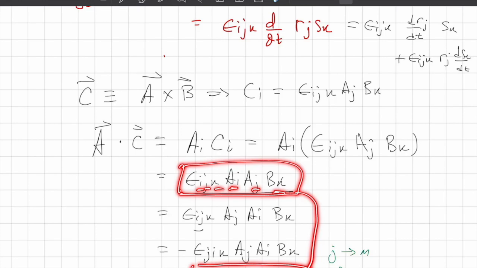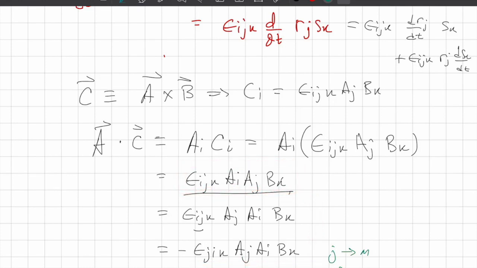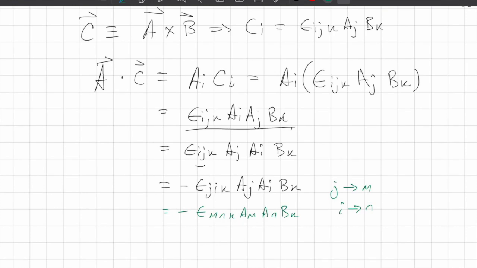Barring the minus sign, they're the same. So what we've just shown is that A dot C equals negative A dot C. And the only way that's possible is if A dot C is 0.